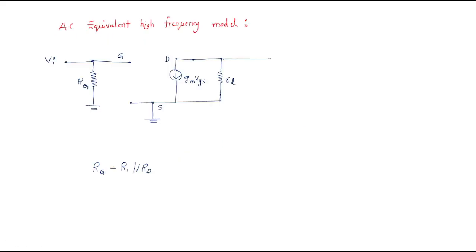So we have the rd here connected to ground. This is the capital RD, and it will give the output V0.